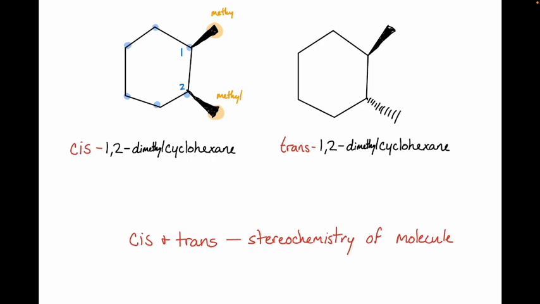So if we're trying to uniquely identify them, we have to include this stereochemistry. Okay? That term cis means that those 2 bonds are pointed on the same side. And that stereochemistry trans means that they are on opposite sides.